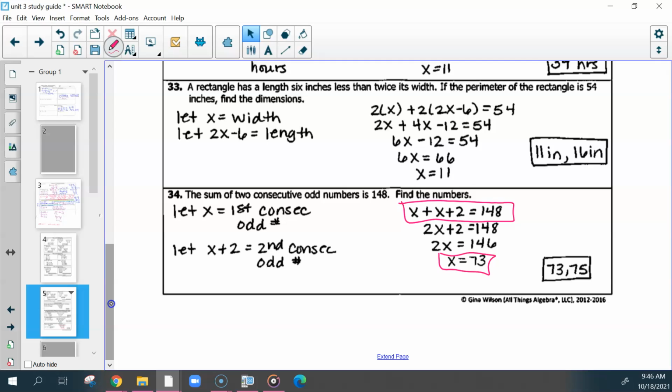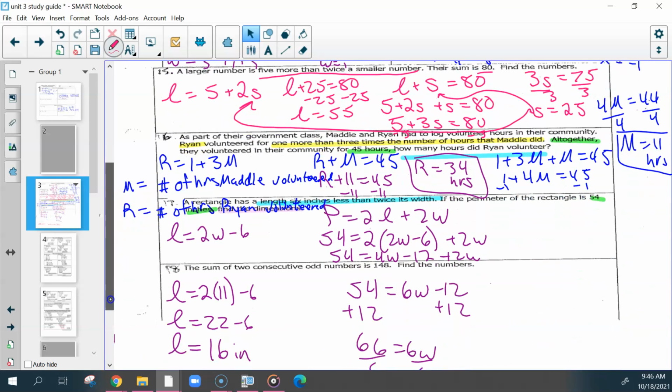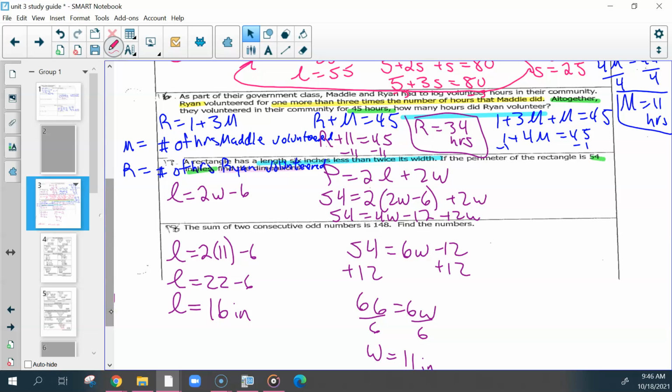Were there any other ones that we wanted to go through together? For number 17, right? When it says the rectangle's length is 6 inches less than twice its width, does it mean both of them combined or just one? You're talking about both of the lengths.